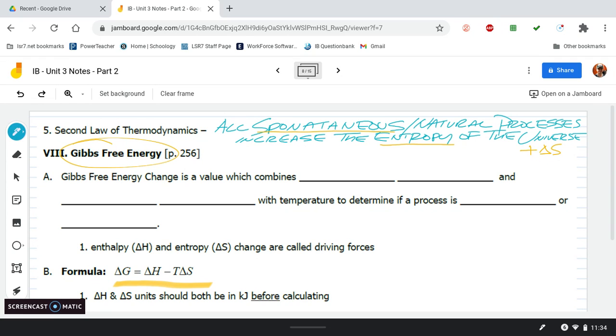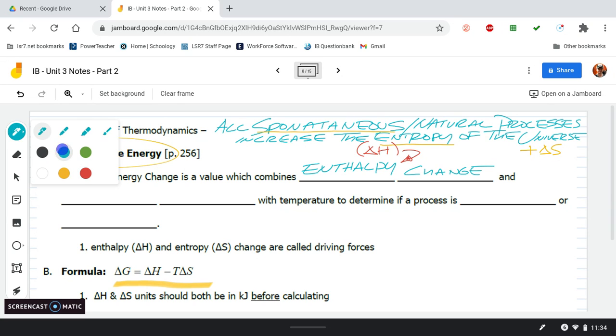So this is going to combine entropy, enthalpy, and temperature. Let's put enthalpy first. Now, remember, enthalpy is a fancy word for delta H, right? So that's what enthalpy is. It's just delta H. Entropy, it'd be nice if they didn't both start with E and almost sound identical, right?